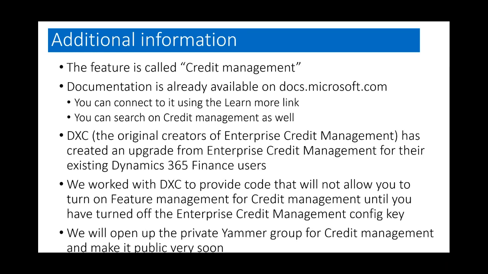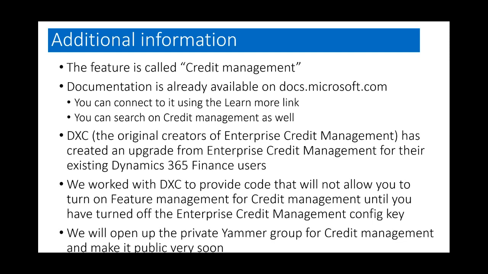We won't get a message unless you're using that software from DXC, and they are adding code that says yes, we're turned on. If we see that, we will not allow you to turn on Credit Management with Feature Management. We'll stop you from doing that. Again, it's just to make sure that we don't get this confusion of code.